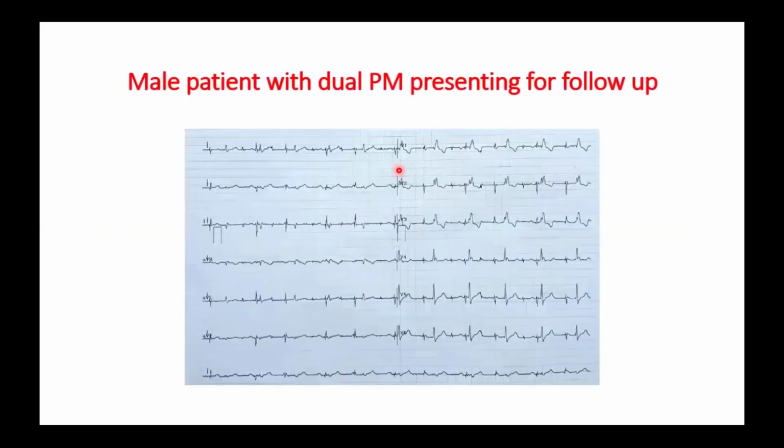So we have those final two cases which are very interesting. Actually, this was a male patient who had an implanted dual chamber pacemaker and presented for follow-up, and there is his ECG. Take two seconds to evaluate this ECG.